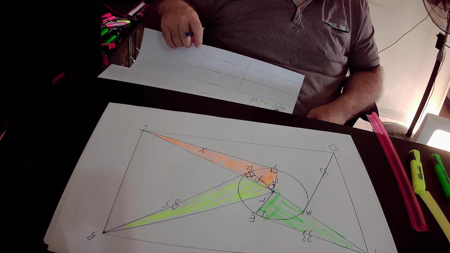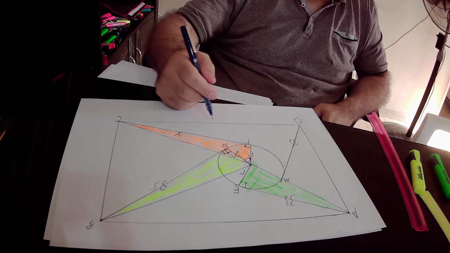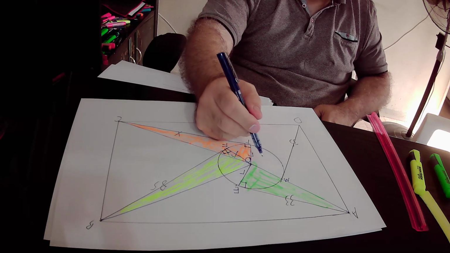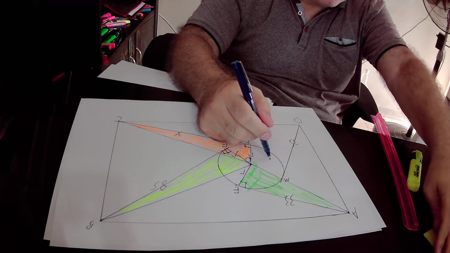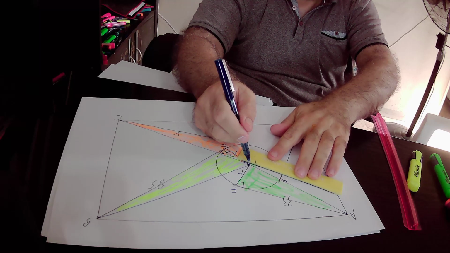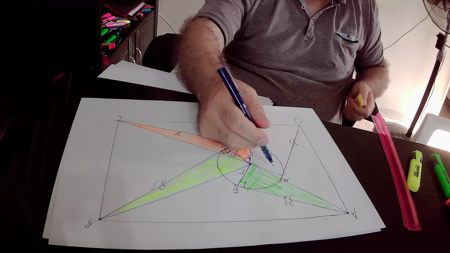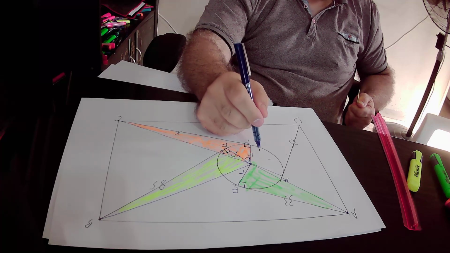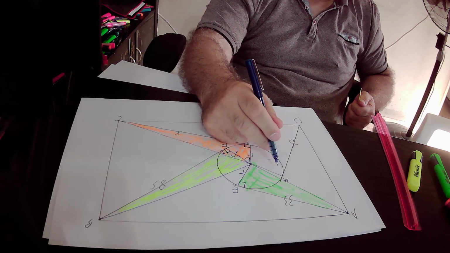And finally, we join points O and M together by a straight line. So here point O is the center of the circle, point M is the point on the circle itself.